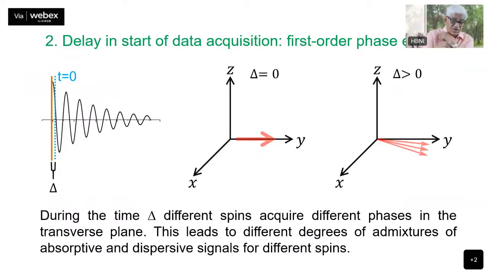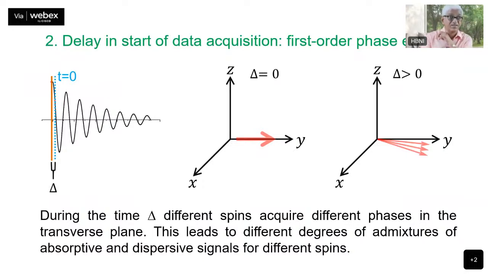You are supposed to start the data collection from t equal to 0, but there is always a small delay, delta t, as I wrote earlier. Here I represent it with a capital delta. You are supposed to start data acquisition from here, but you start from this point.